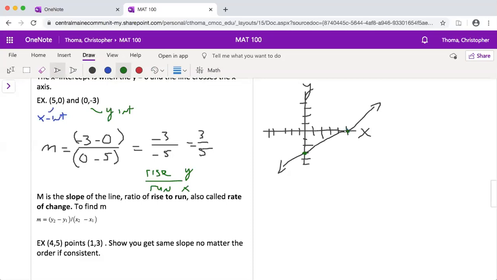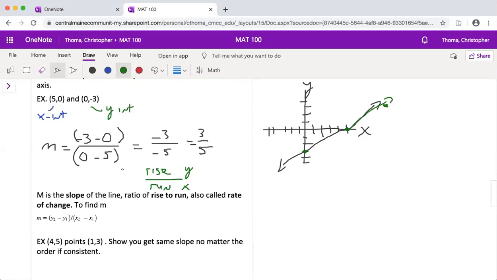Notice I am back where I was. I can do that again, up 3, over 5. I can quickly plot points once I know my slope. Every point is up 3 over 5 from each other. So that's why it's good to know the slope, right?